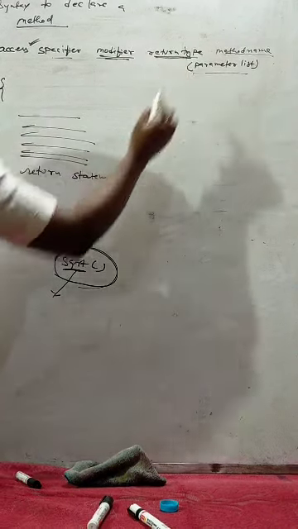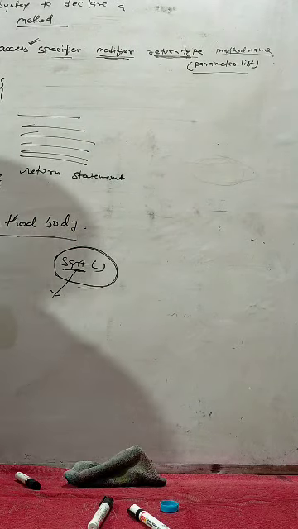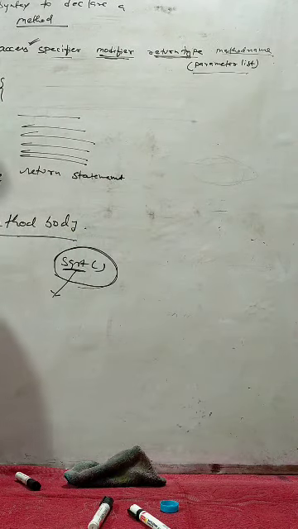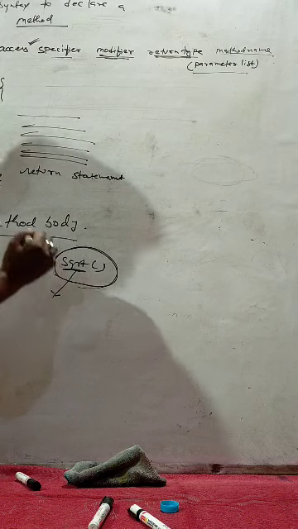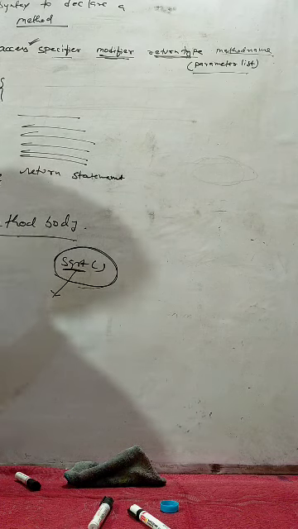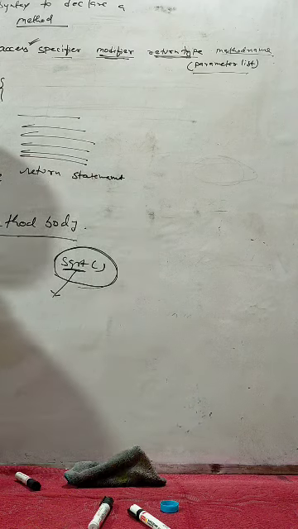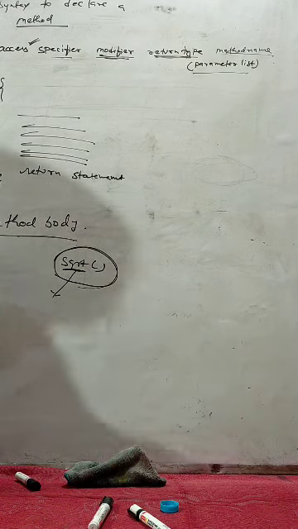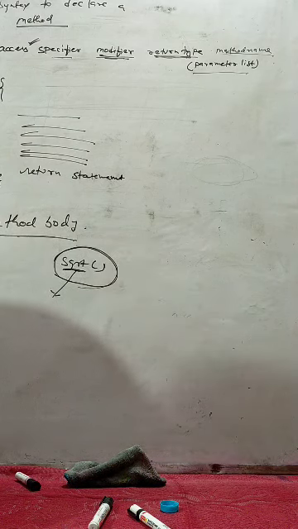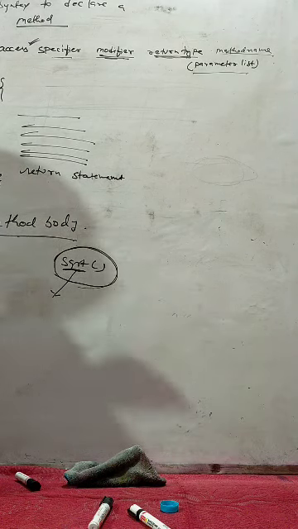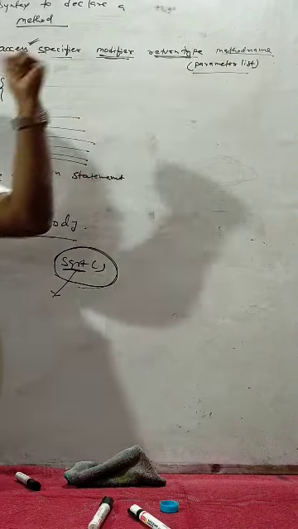So method name, any name we can specify. But one thing, during specification of a method name, you must keep in your mind, the method name is an identifier. Therefore we have to follow all the rules of defining an identifier.